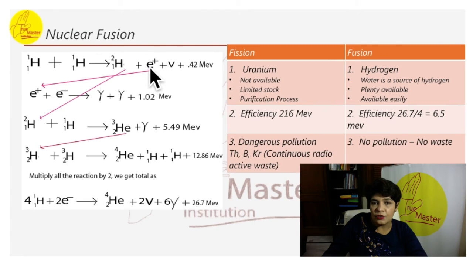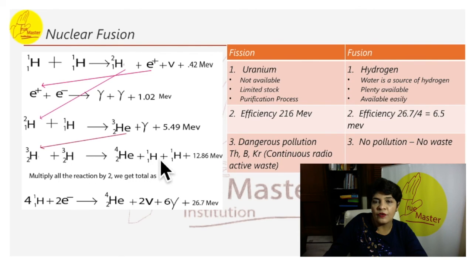This positron and an electron, positive and negative, will make gamma rays. The H21 that came out, plus one more H1, will make H32. When these combine together, they will make 4 2 helium, and 2 hydrogen will be released.